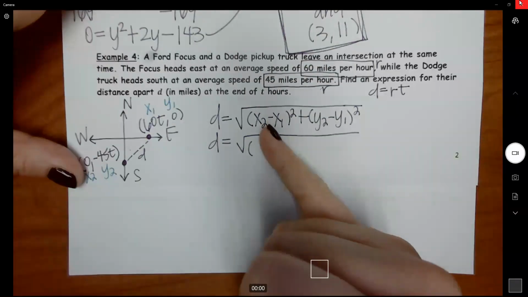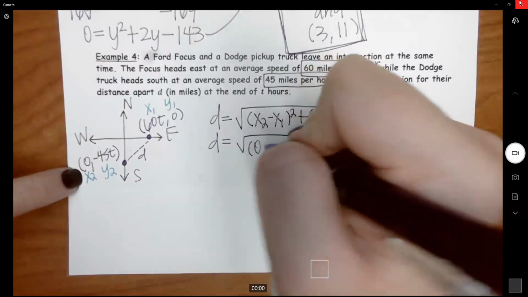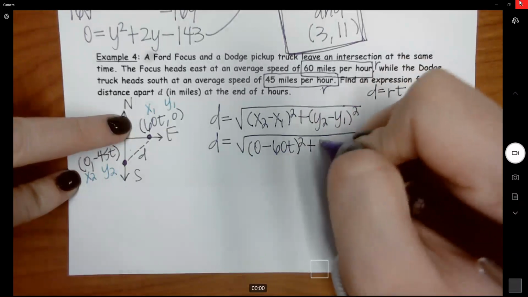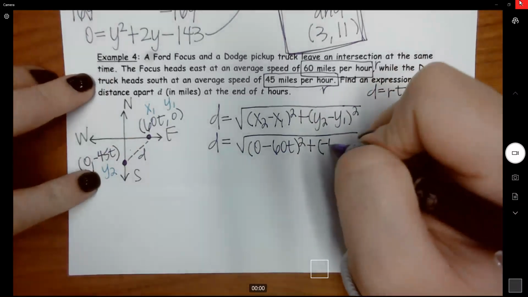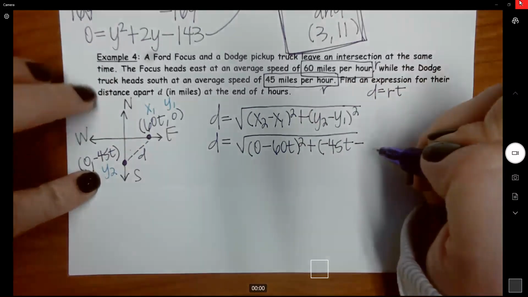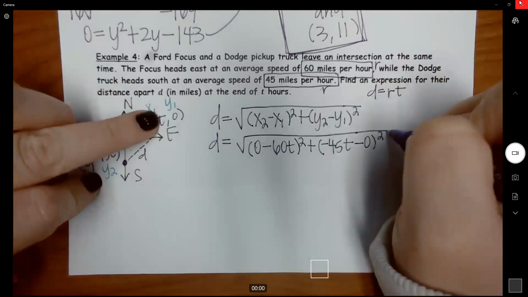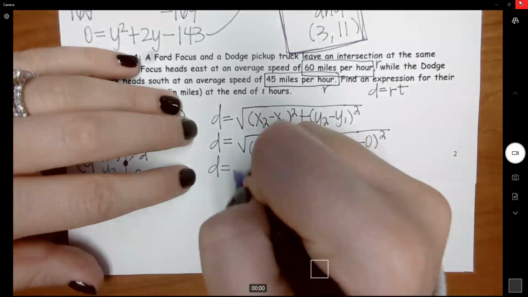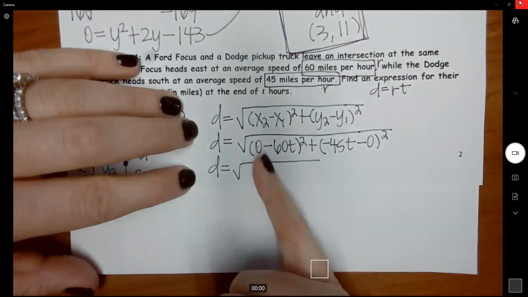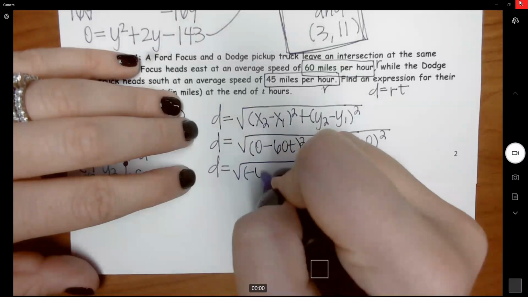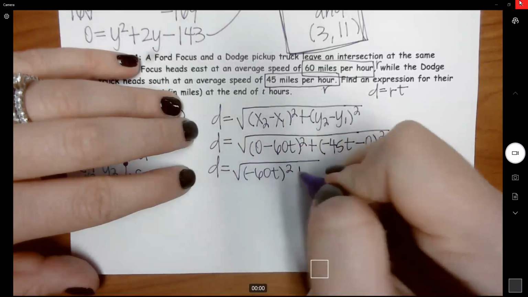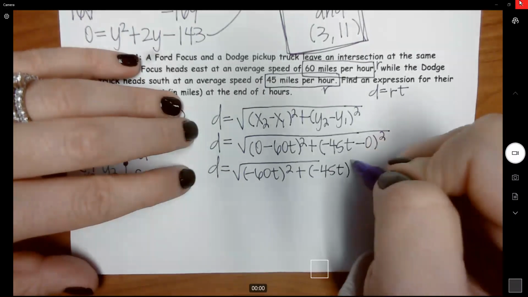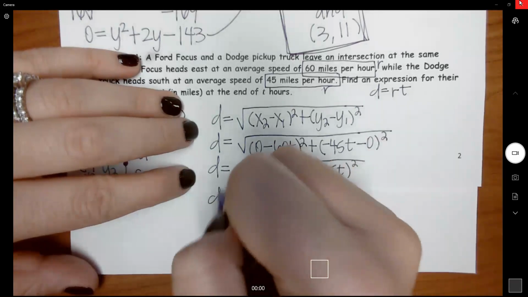My x2 is 0 minus x1, which is 60t, y2, which is negative 45t, minus y1 of 0. Let's simplify this sum. 0 minus 60t is negative 60t, squared. Negative 45t minus nothing is negative 45t. And then we'll square it.